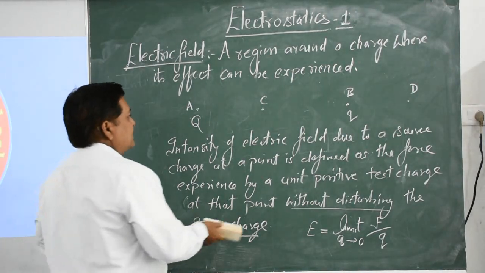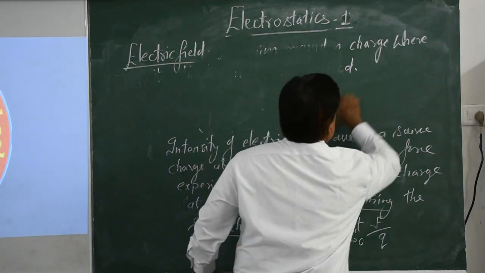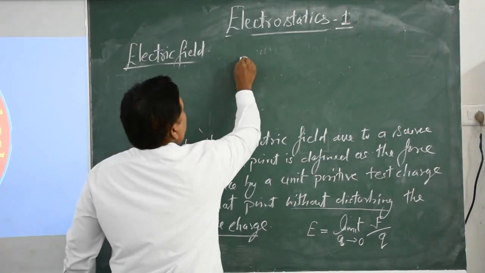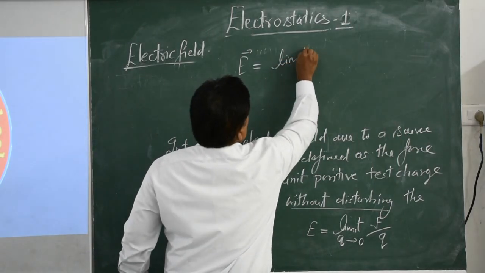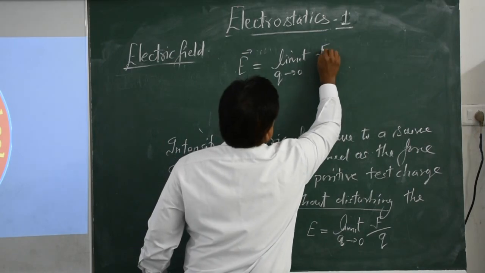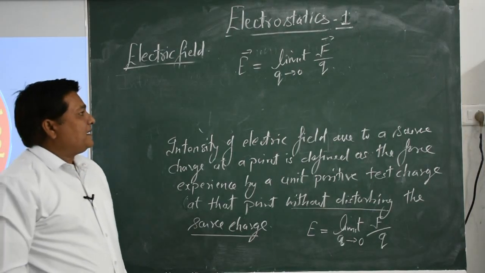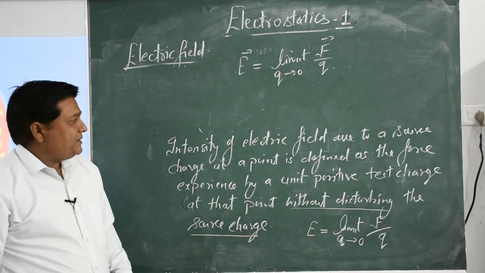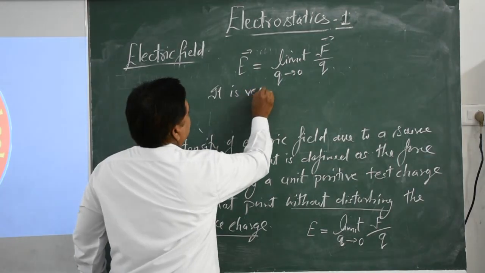We can write this in vector form: intensity of electric field is the limit q tends to 0 of force per unit charge. Intensity of electric field is a vector quantity.